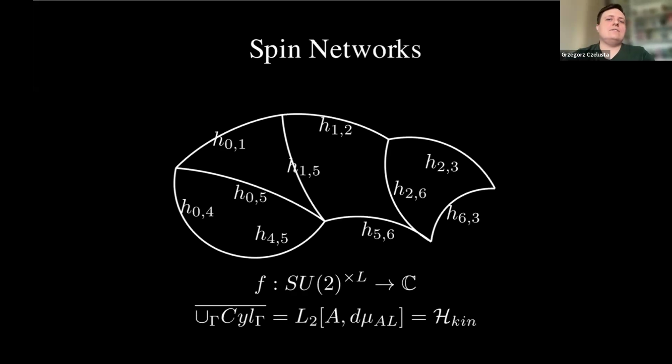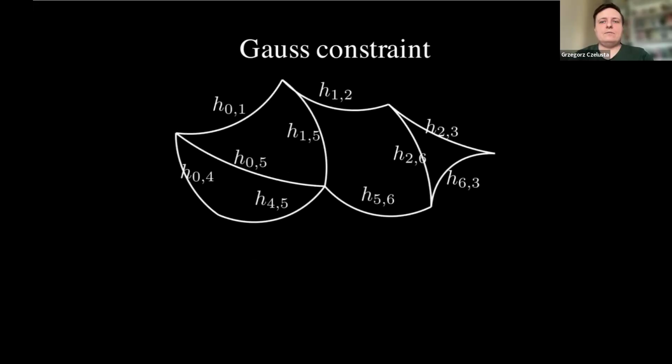And once we have defined kinematical states, we can start applying the constraints. And as I mentioned, in the Hamiltonian formulation of gravity, we have three constraints: Gauss constraint, vector constraint, and scalar constraint. And in this presentation, I will focus on the implementation only of the Gauss constraint.